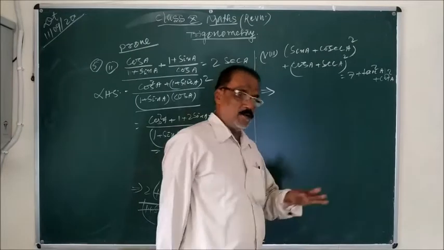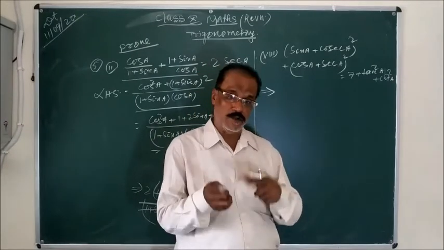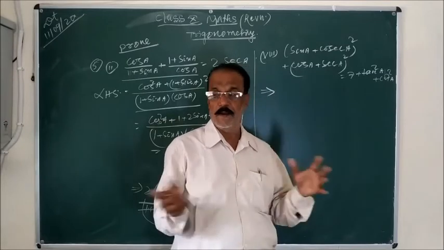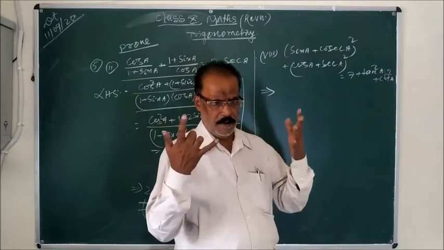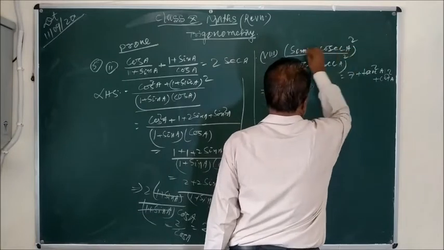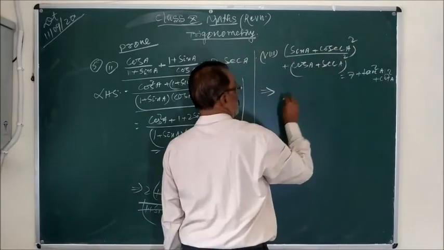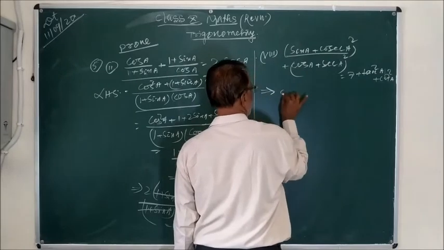Although there are 10 questions, every question is very important. And the more questions you try to solve to prove trigonometric identities, from R.D. Sharma or Agrawal books, the better. Now you see A plus B whole square. You can bracket it by the algebraic identities.